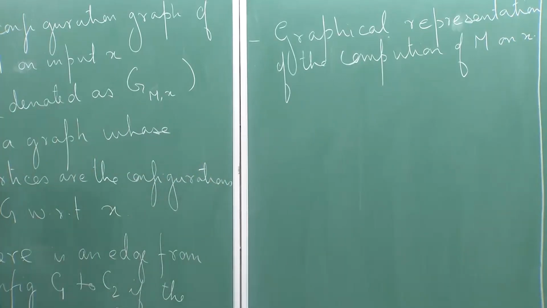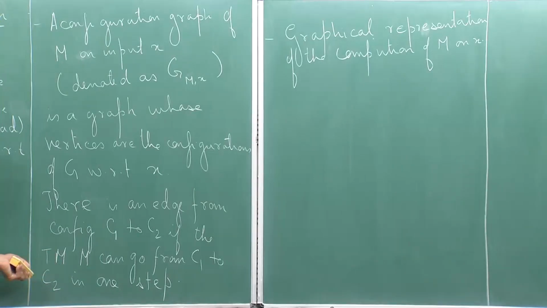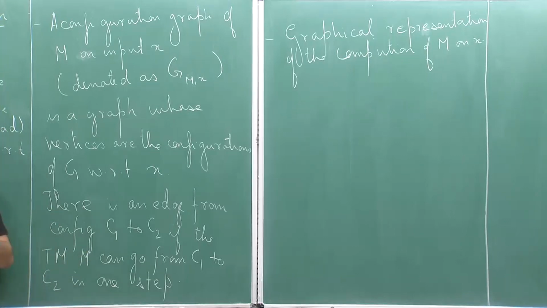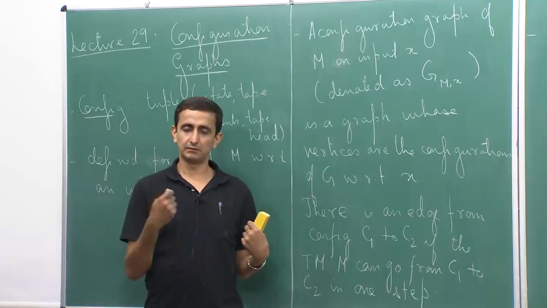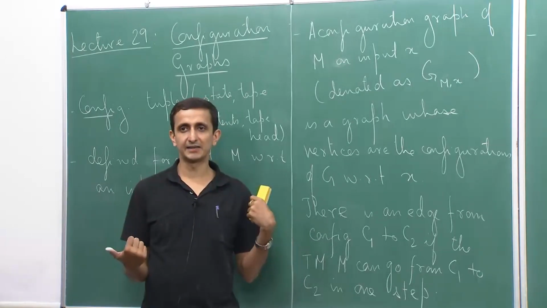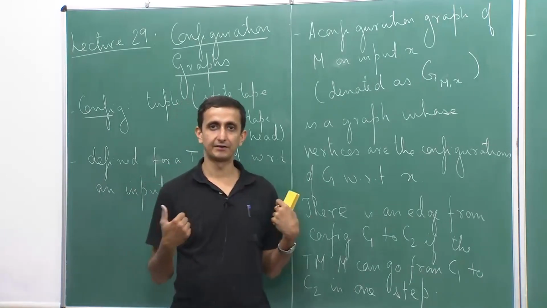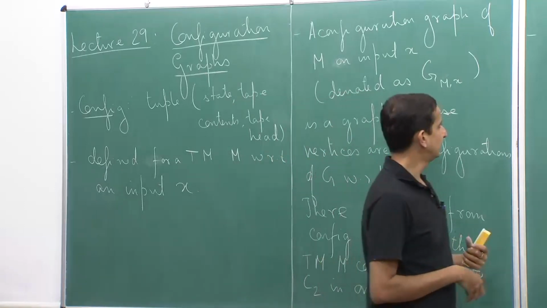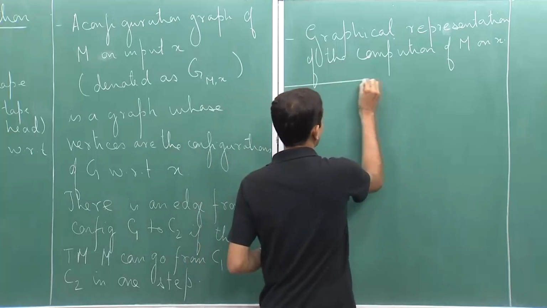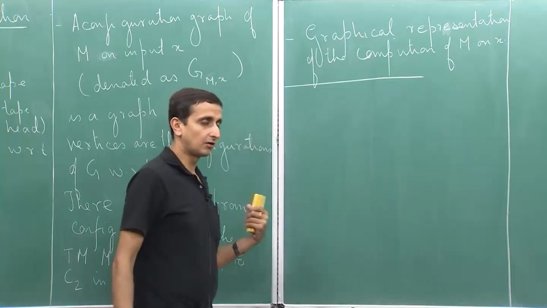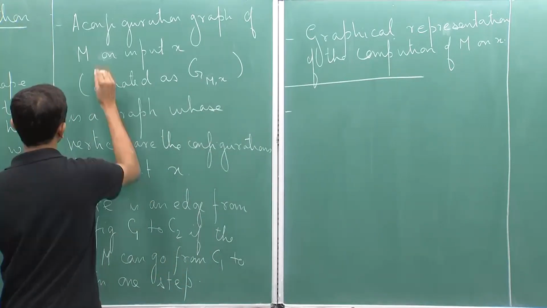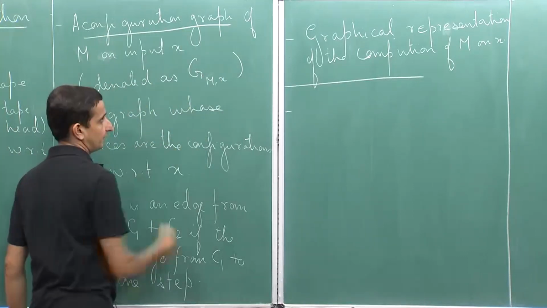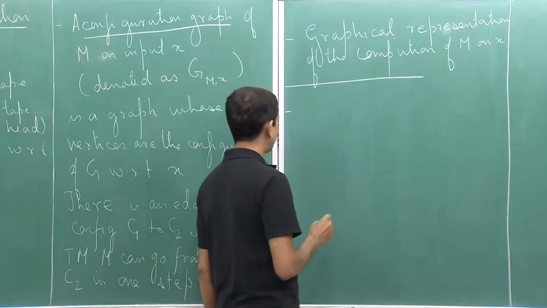Basically, if we have a transition from one configuration to another, in the graph there is an edge from the first configuration to the second configuration. So, it is a directed graph. So, this is the definition of a configuration graph. Let us look at one more definition.